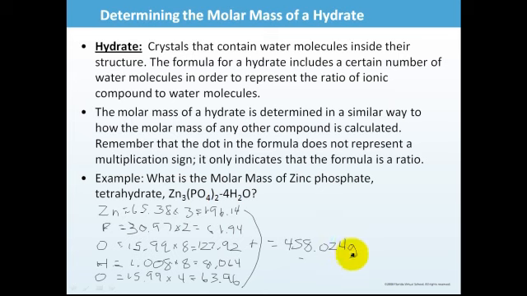And remember, the units are grams per mole. So the only difference here is that when we're doing the hydrate portion, we have to multiply the entire H2O by that coefficient when we're doing the molar mass. Of course, now that we know how to do the molar mass, we can then determine empirical formulas of hydrates.